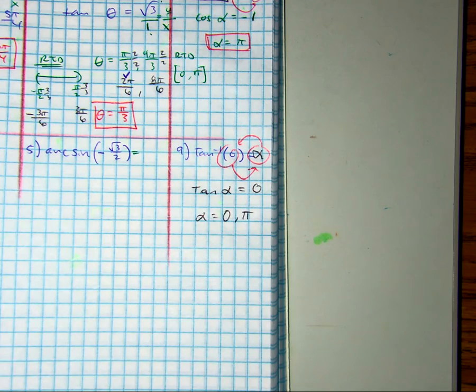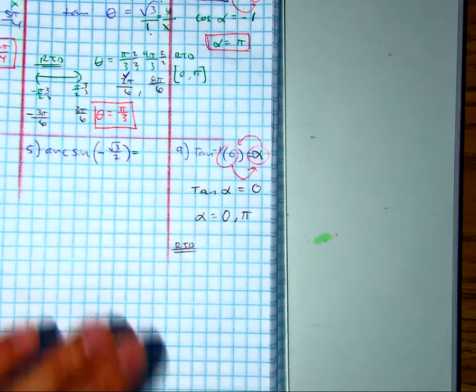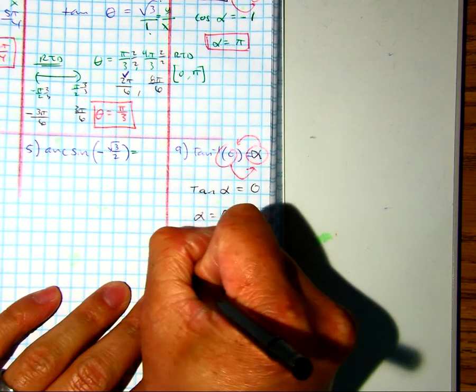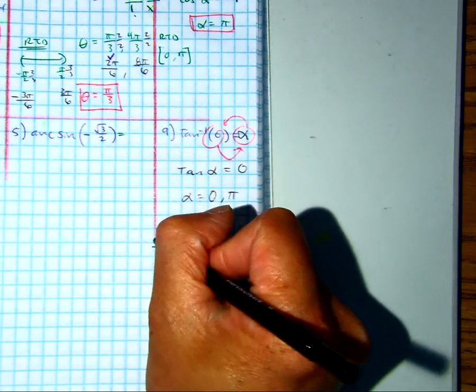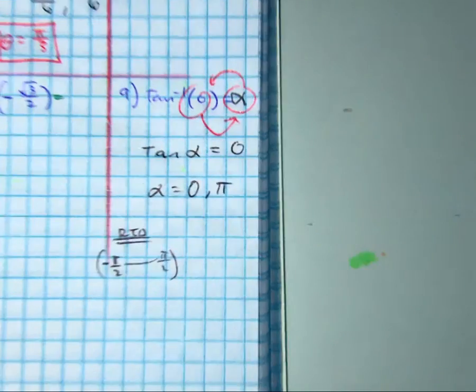David, what is the restricted domain for tangent? David, where'd you go? Negative pi over 2. And? Pi over 2. This is my cheesy number line. I need a common denominator.